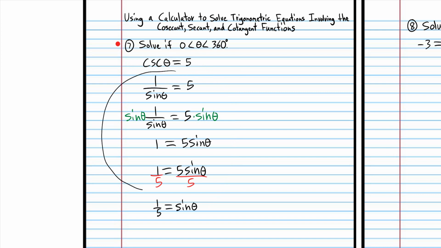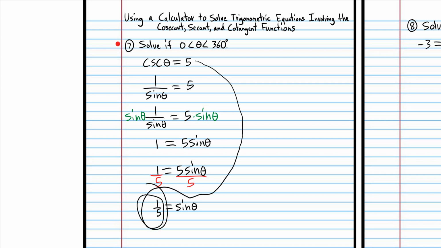Now, I want you to understand that you don't have to show any of this. As time goes by, you're going to realize that if you know the cosecant ratio, or the ratio that the cosecant theta is equal to, then the sine of that same angle is just going to be the reciprocal of that. So you just flip over 5. If you have 5 over 1, it flips to 1 over 5.